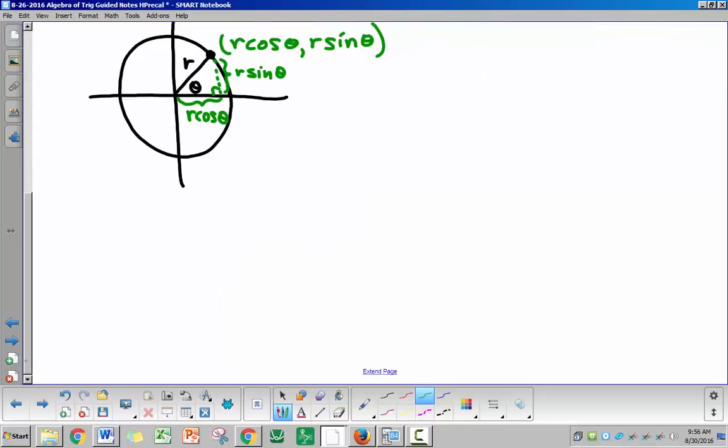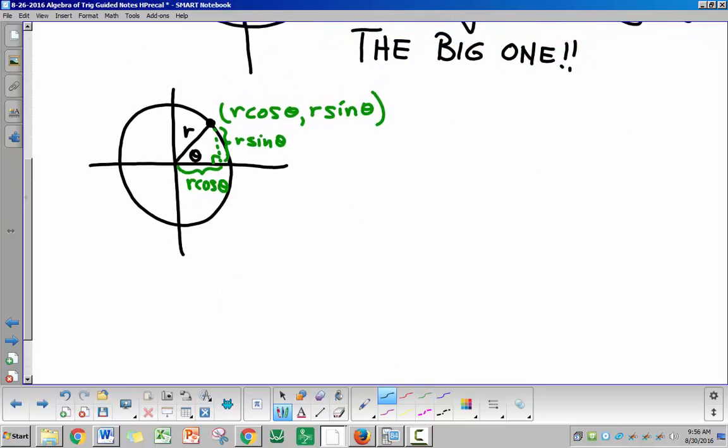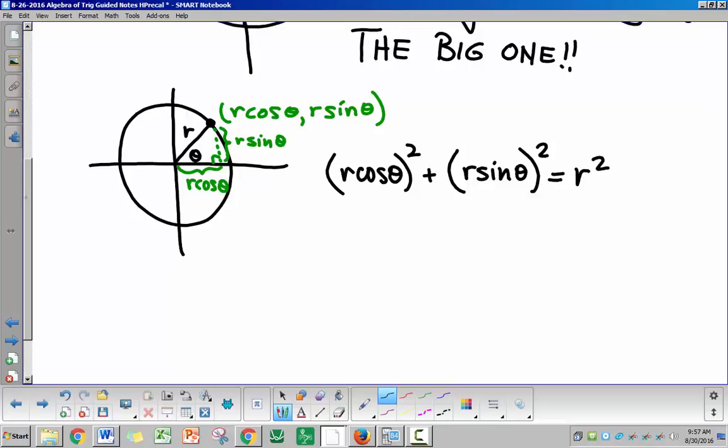So may we set up another Pythagorean relationship with this triangle? What would it be? It would be R cosine theta squared plus R sine theta squared equals R squared. We could break this up and say that's R squared cosine squared theta plus R squared sine squared theta equals R squared.